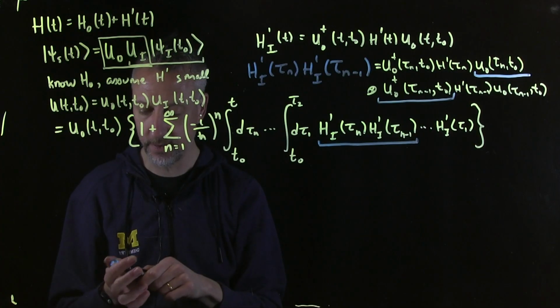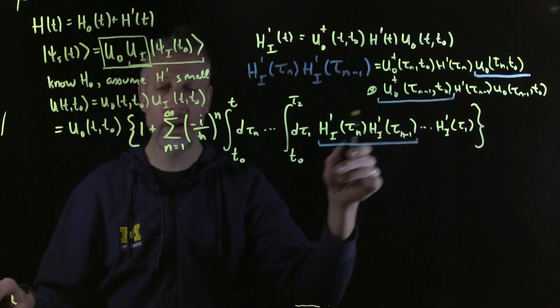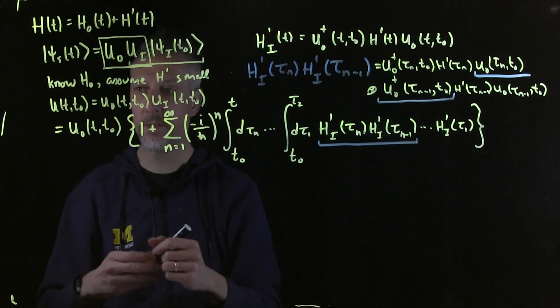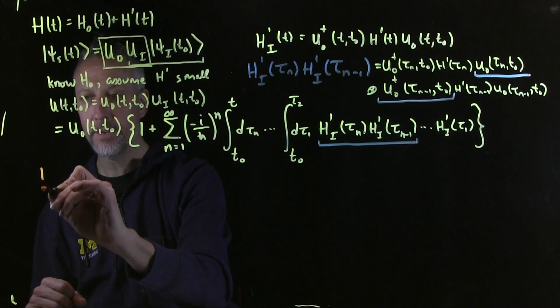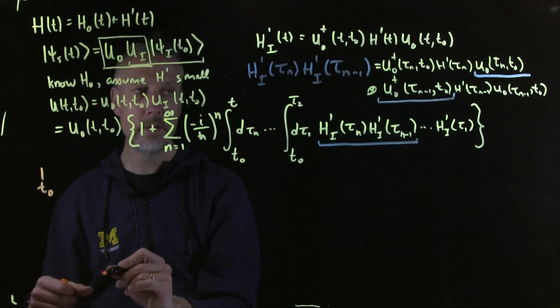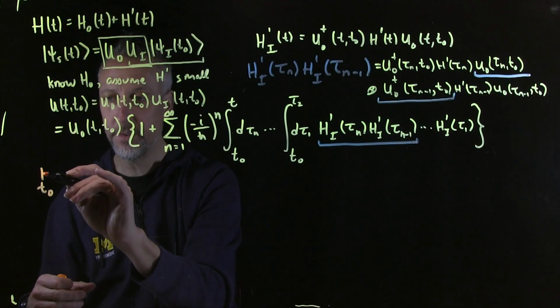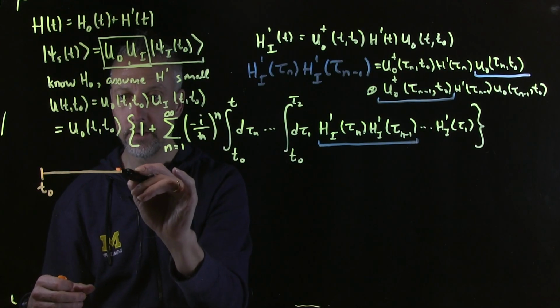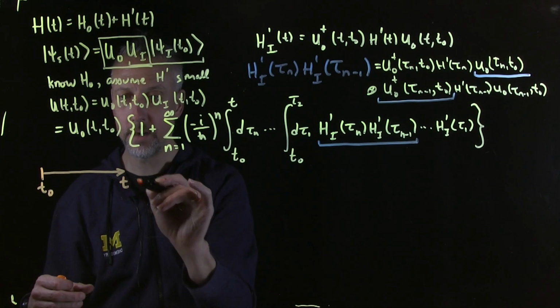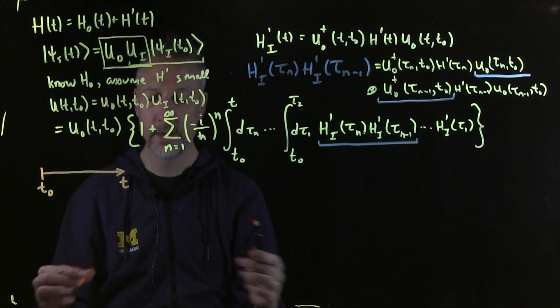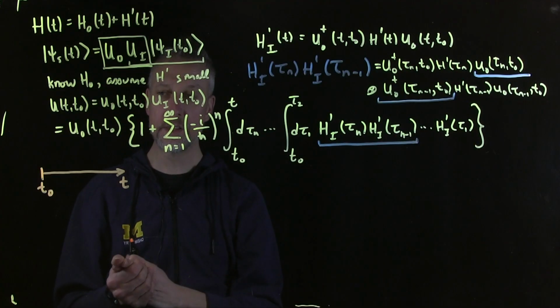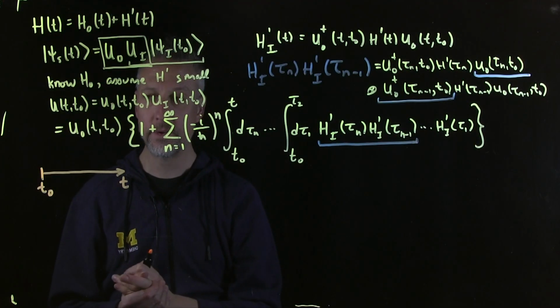One way to think about this is to think about what the U operator does. If U naught, or any U, evolves a system from t naught to the point t, then you might ask, what does U naught dagger do?